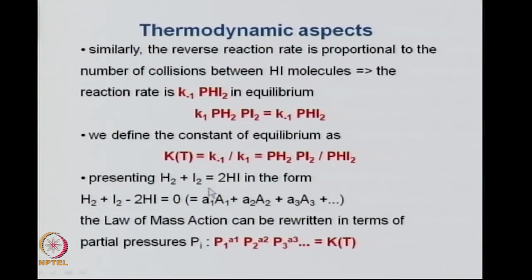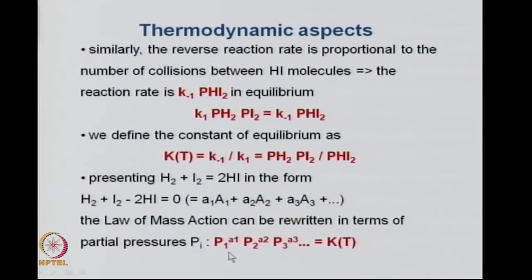So, you can write down this kind of reaction and find out the equilibrium constants, which are, of course, a function of temperature. So, at a particular temperature you will have one particular equilibrium constant. Now, this law of mass action can be rewritten in terms of partial pressures.